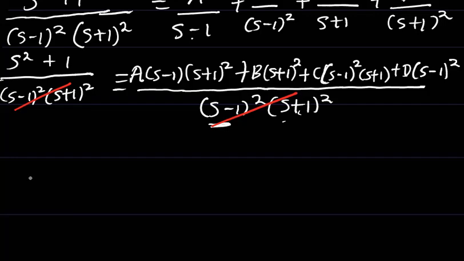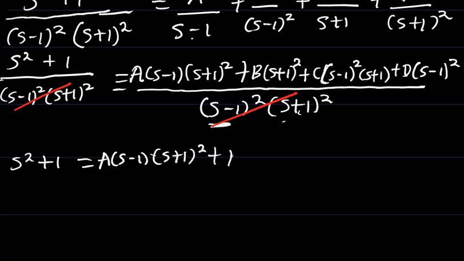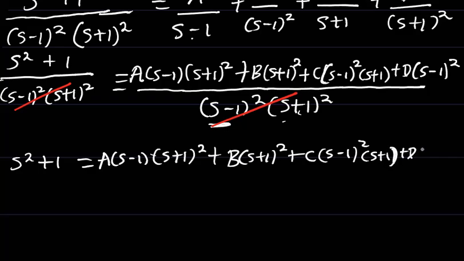If that happens, we end up having x squared plus 1 equal to, of course, a into x minus 1, x plus 1 squared, plus b into x plus 1 squared, plus c into x minus 1 squared, then of course x plus 1, then plus d into x minus 1 all squared.